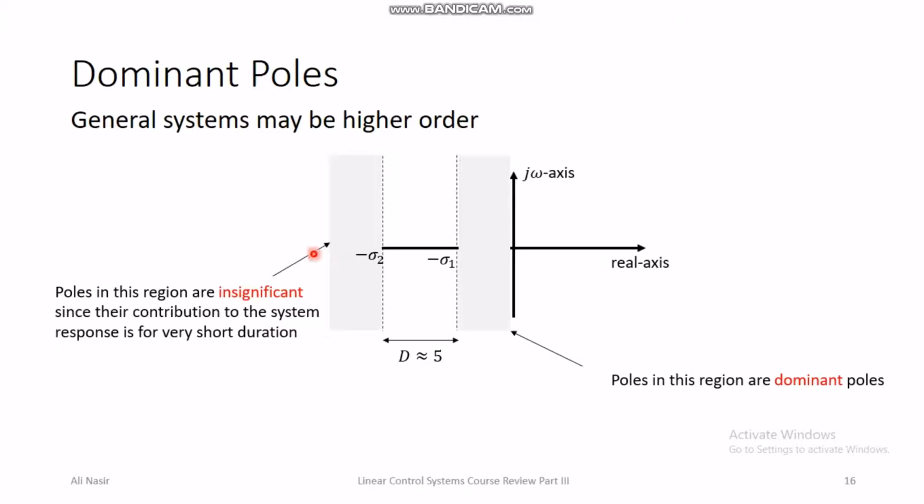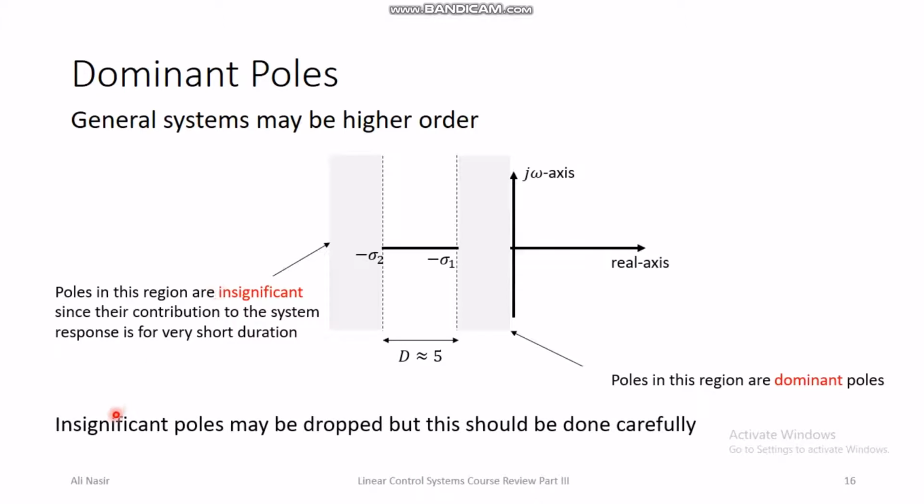If you ignore the contribution of this pole to the step response, it does not result in huge errors. So for the sake of simplicity, you can approximate by dropping the poles which are farther away on the left half plane. Insignificant poles may be dropped, but this should be done carefully.